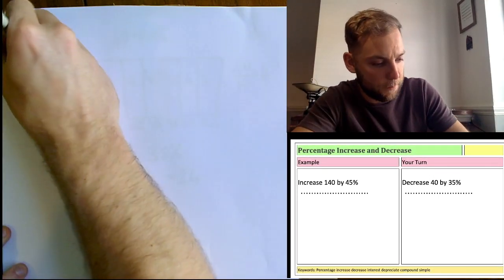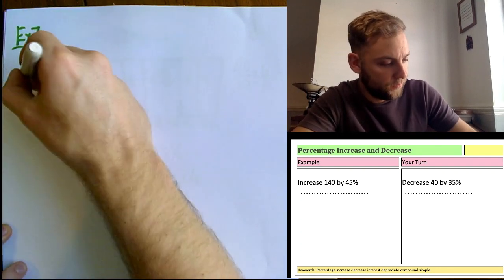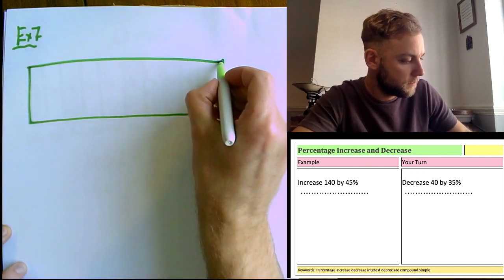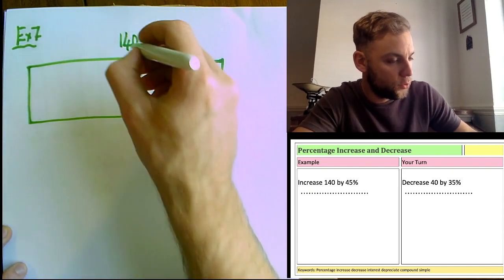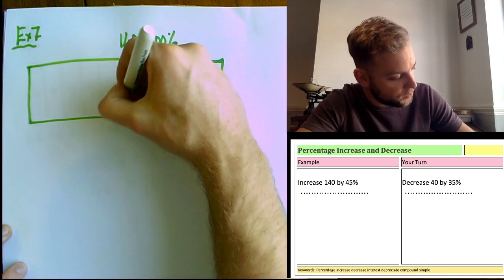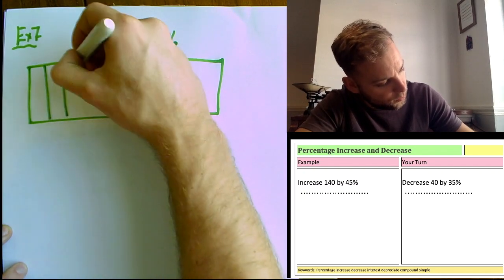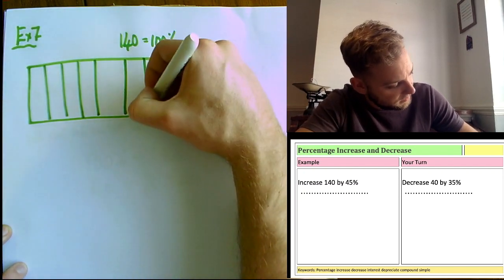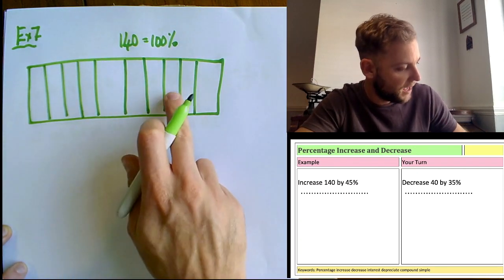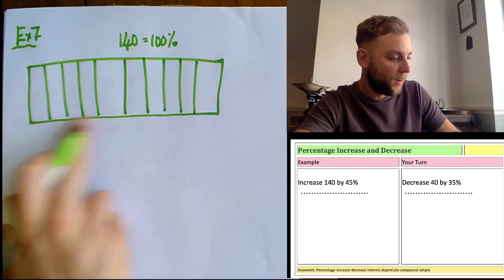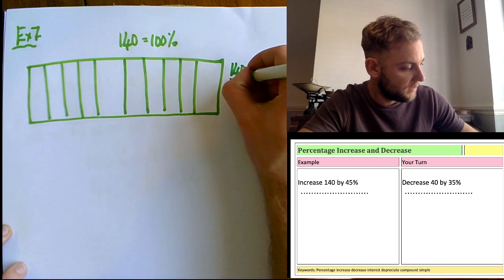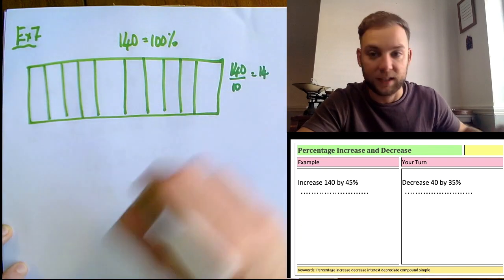So this one here is example 7. Let's first of all draw our bar out, like so. We know this is worth 140, which is equal to 100%. Super. We'll split it up into our 10 parts: 1, 2, 3, 4, 5, 6, 7, 8, 9, 10. Brilliant. So we'll find out what each of these are worth first. We do that by doing 140 divided by 10, which is equal to 14.